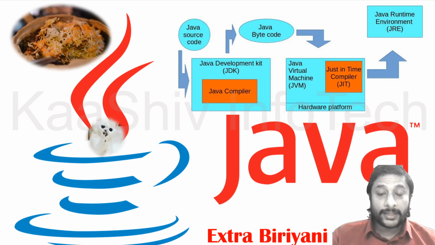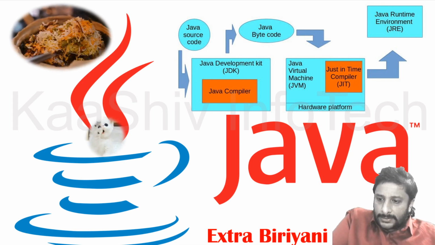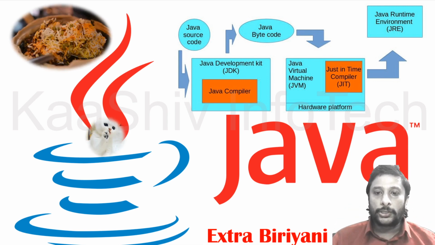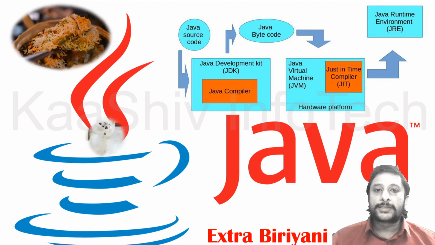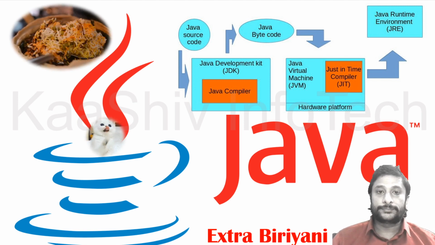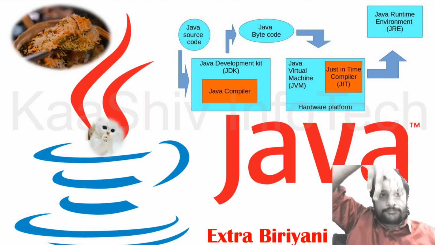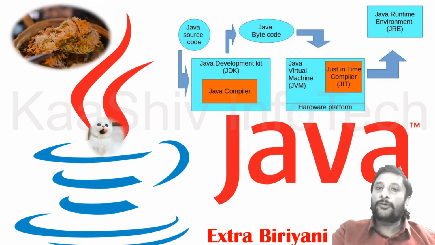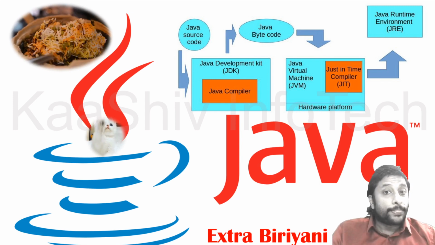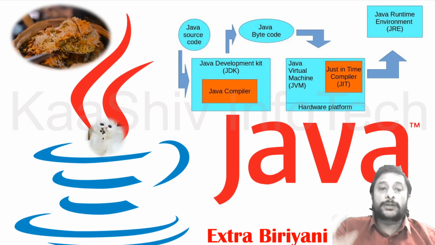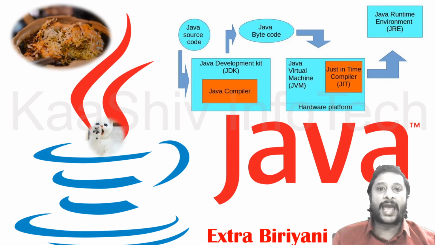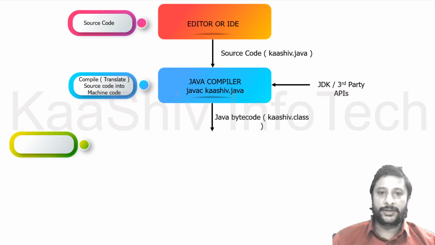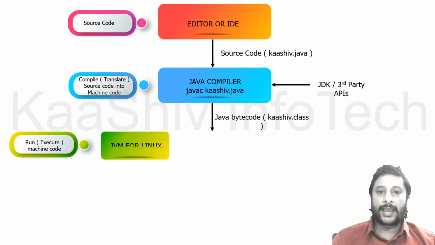And you need someone to execute it there; that is called the just-in-time compiler. So this is how your Java starts executing. I have the source code, compiled to bytecode, run in the runtime environment using the Java virtual machine, and the processor used to convert or execute this program is called the just-in-time compiler.